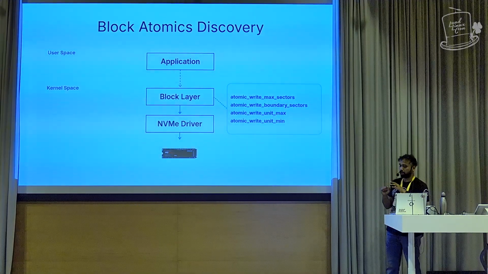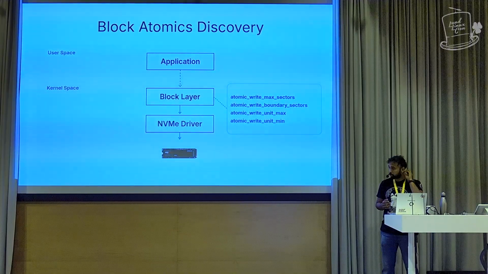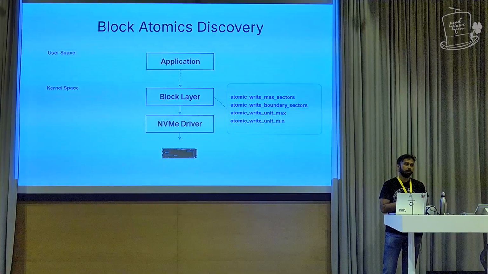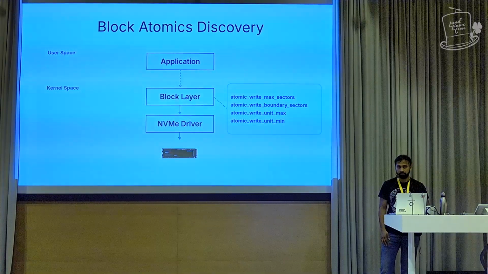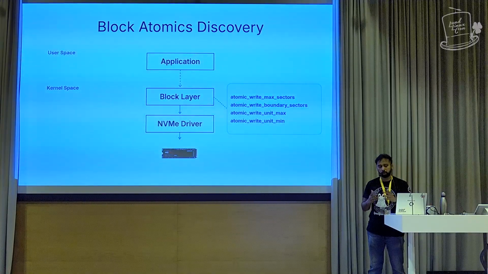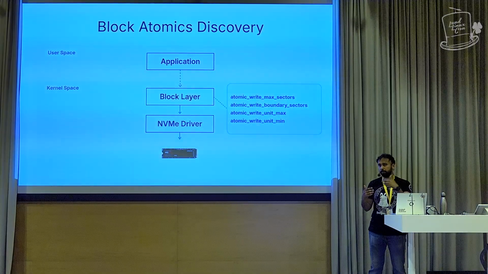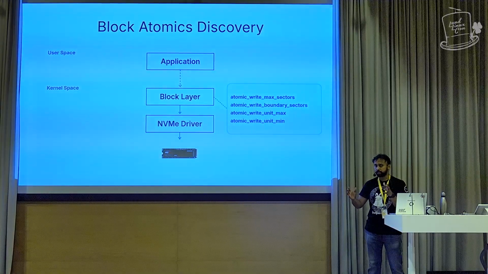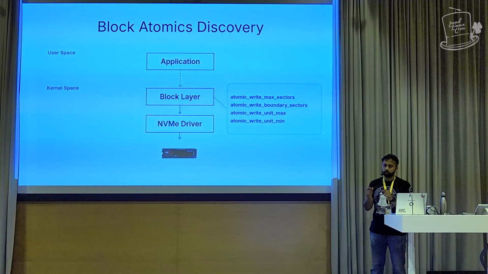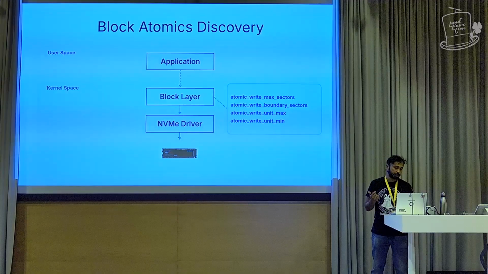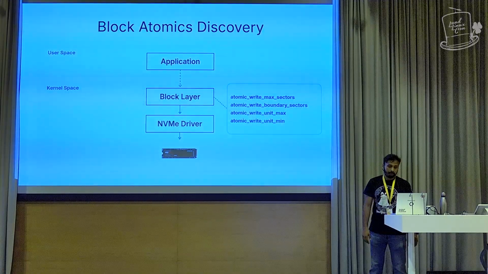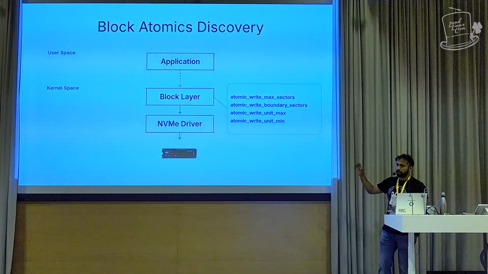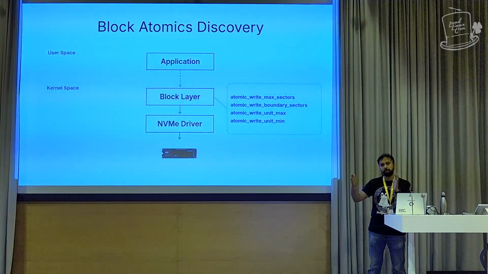The block layer also has to make sure that when it sends an I/O, the I/O is not split for atomics. Typically, when you do an I/O of, let's say, 1 MB, with dd or whatever, copying something, and you submit a 1 MB I/O, the block layer can split the I/O based on different conditions. But when you want the I/O to be atomic, at no point in time should it split. There are also a lot more restrictions, like how many segments there can be, et cetera.